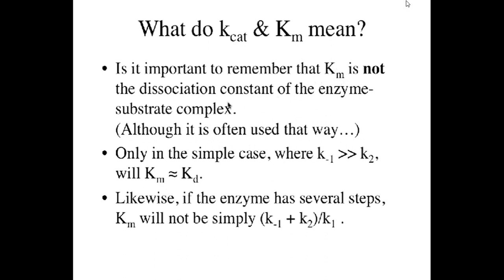Also, I want to remind you, Km is not the dissociation constant of the enzyme-substrate complex, although many people use it that way. It really isn't. In a very simple case, where the dissociation rate is much higher than the catalytic rate, then it approaches that, okay? So let me just give you an idea.